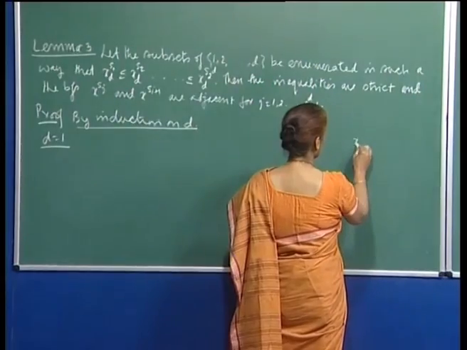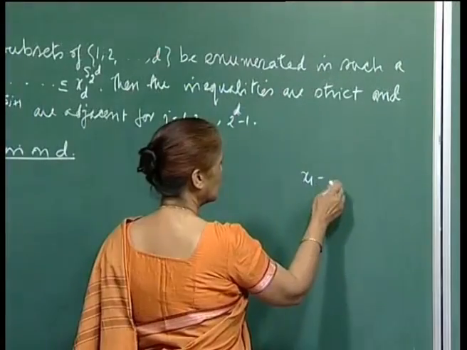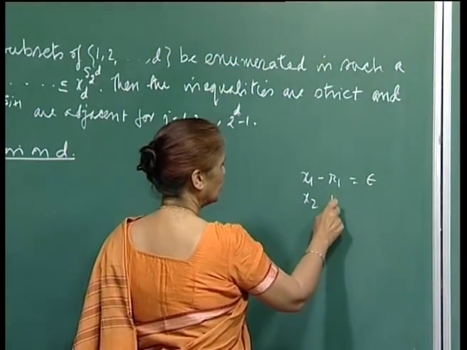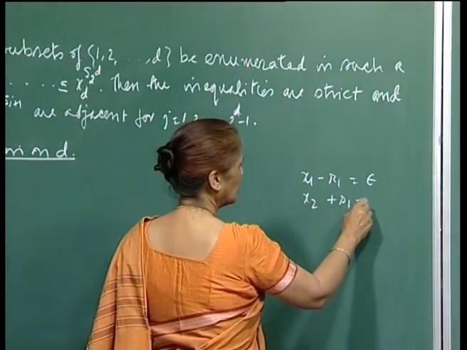So this was x1 minus r1 equal to epsilon, x1 plus s1 equal to 1.